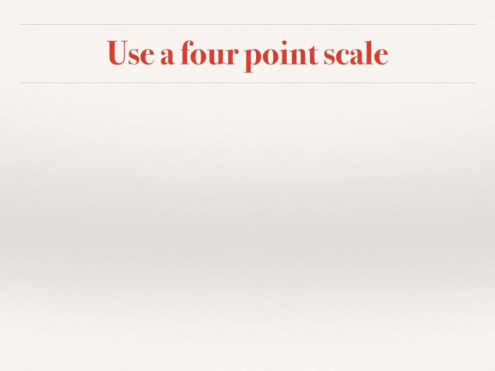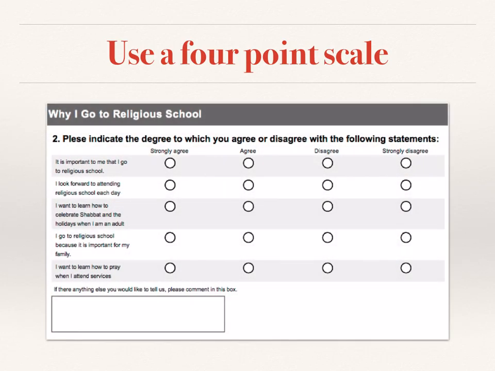Instead of asking simple yes or no questions, follow the format in the survey, which asks for perceptions on a 4-point scale. On this question, we ask about the extent to which respondents agree or disagree with a list of statements.